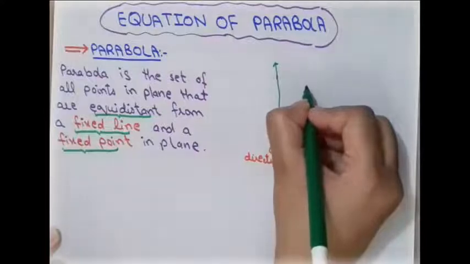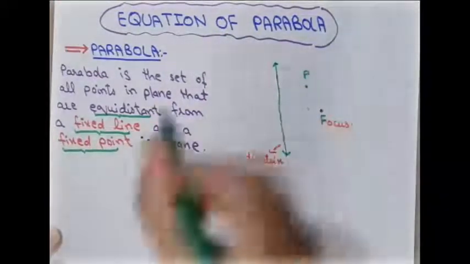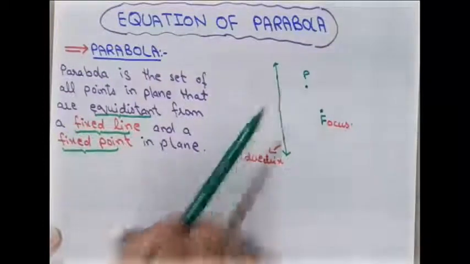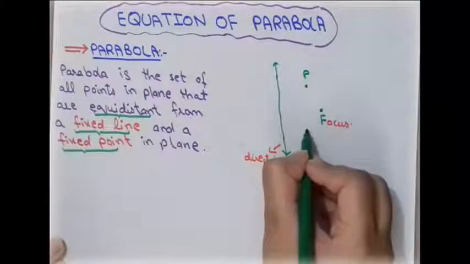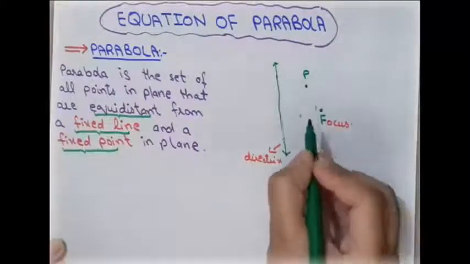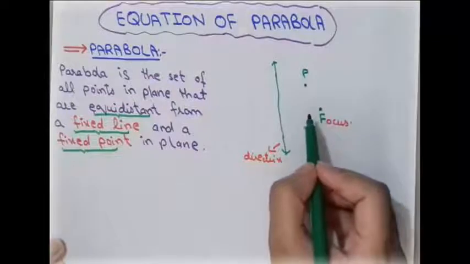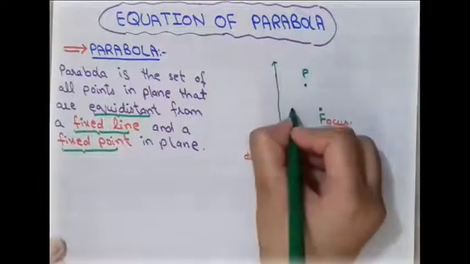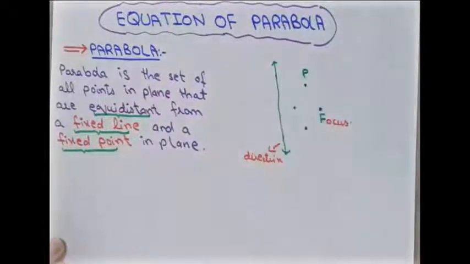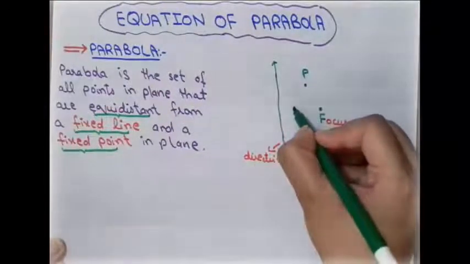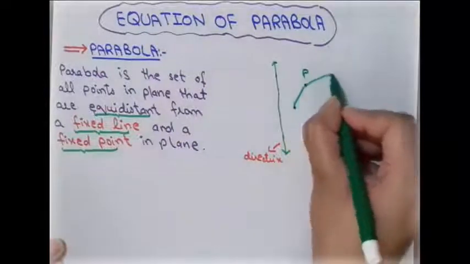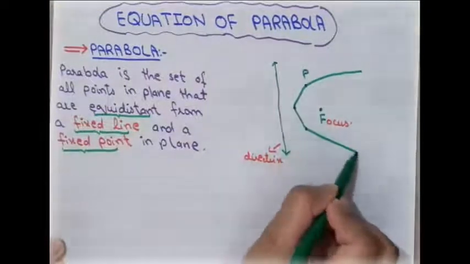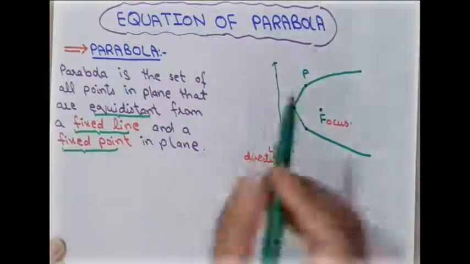If I take another point here, and a third obvious point, which is the midpoint between the focus and the directrix, and I join all these points, it forms a U-shape, which is the parabola shape. In this way the parabola is formed.